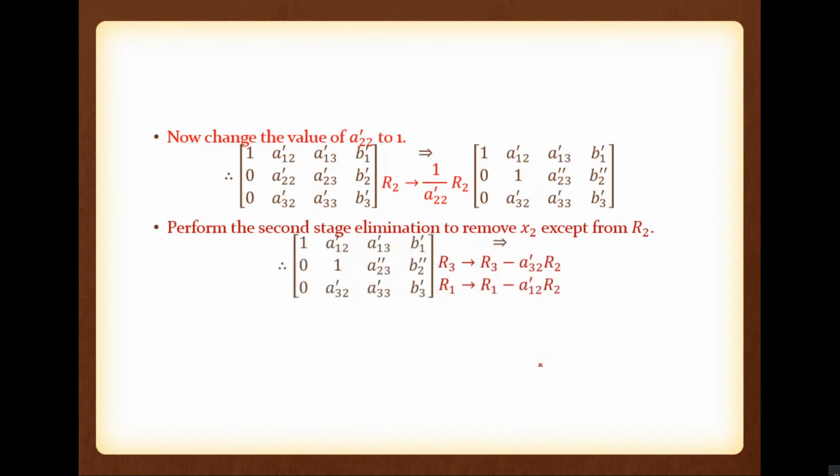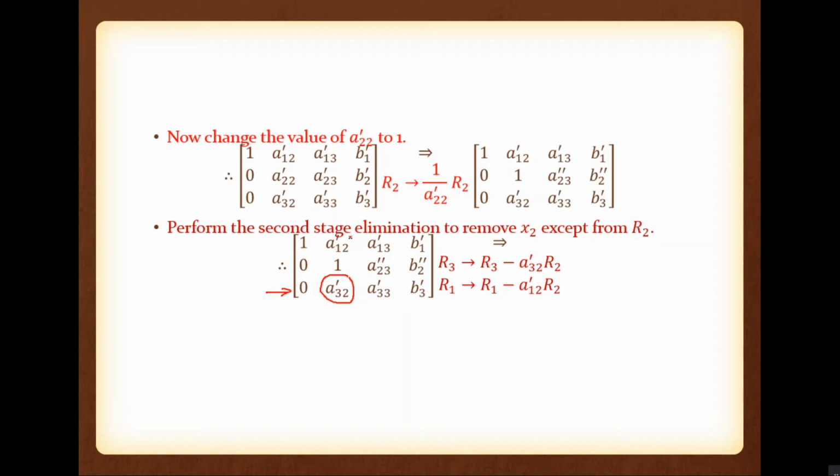So we are going to use these two row operations. In order to remove this A32 dash, we are using this row operation, that is R3 is equal to R3 minus A32 dash, the element that we want to remove, into R2. So this is one row operation to remove A32 dash.